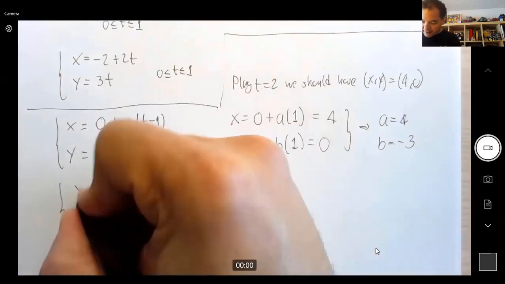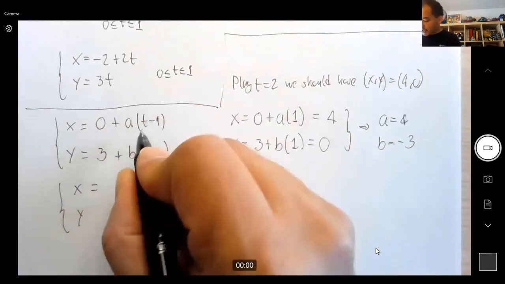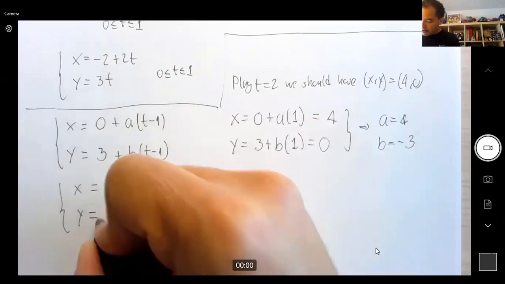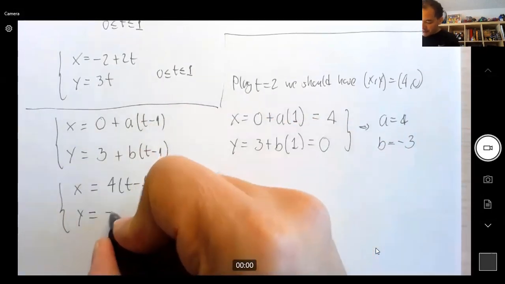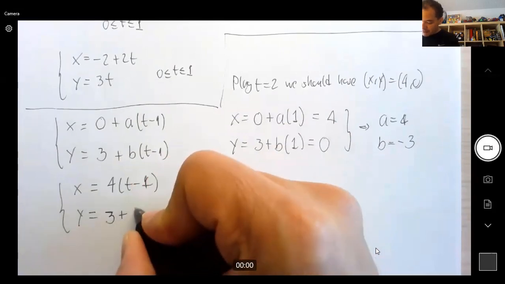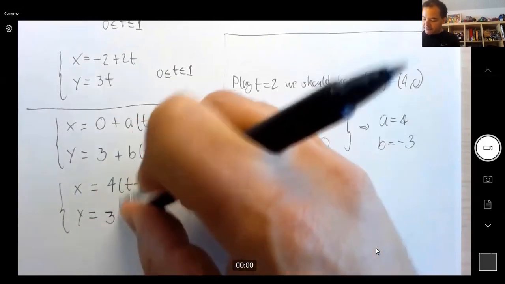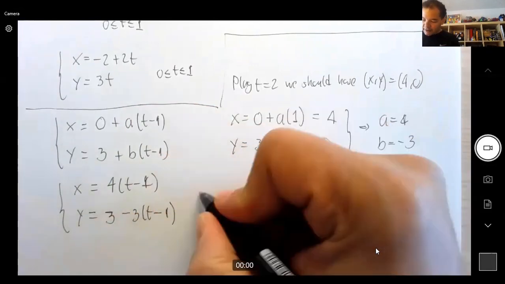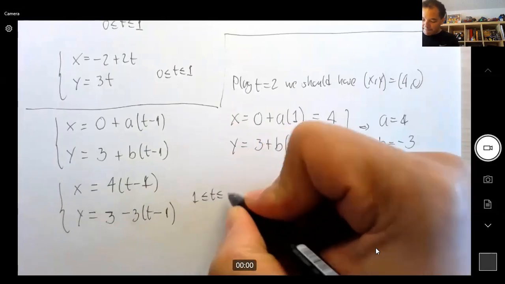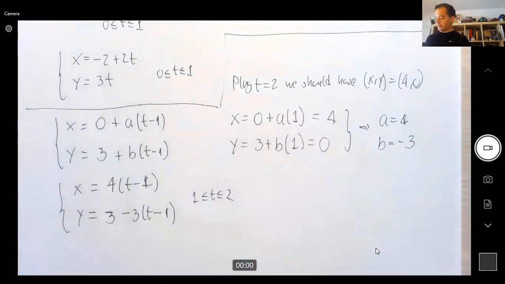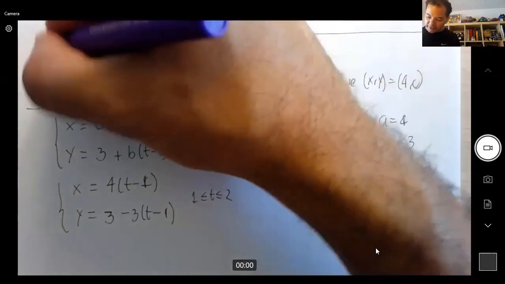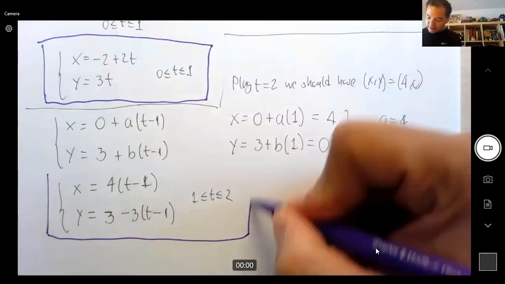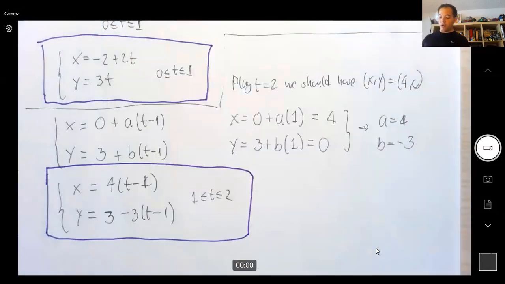My answer is x equals a, which is 4, so it's 4 times t minus 1, and y, which is negative 3, so it's 3 plus, which is minus, because it's negative 3, times t minus 1. And this is between 1 and 2. And we are done. So the answer are these two together. This is the between 0 and 1 seconds, and this is between 1 and 2 seconds.